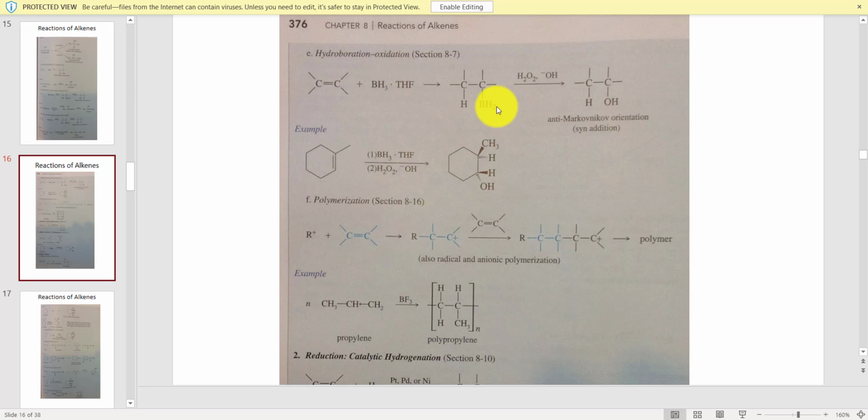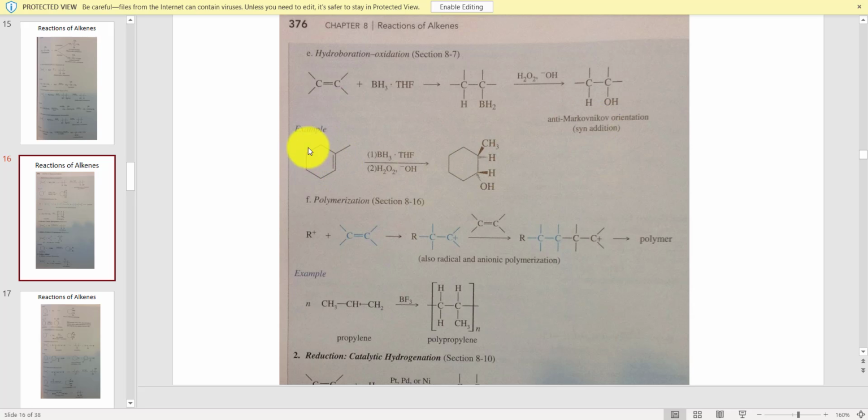What this BH2 does is it goes onto the most stable one first, and it exposes the other one so that the hydroxide comes in and attacks it. So this thing tricks the compound, the hydroxide, into attacking the least substituted carbon instead. That's what happens with the anti-Markovnikov.